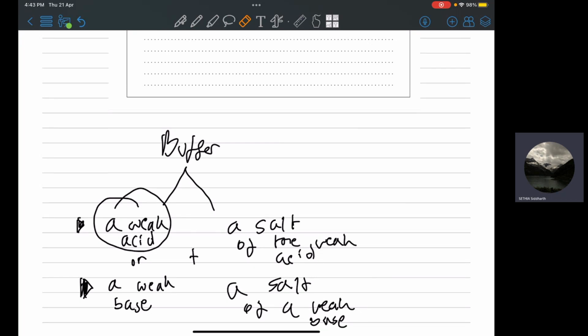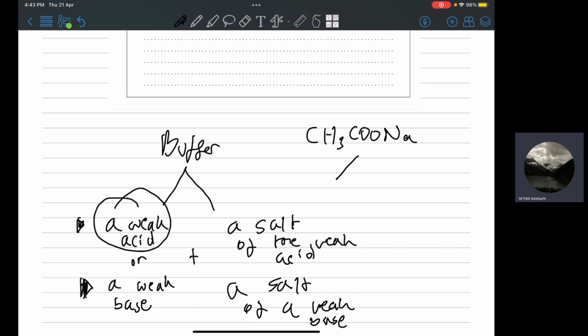So if you remember, when a weak acid reacts with a base, it creates a salt, right? And the salt looks something like this. Again, I'm going to use the example of CH3COOH reacting with sodium hydroxide. The salt we got out of that reaction, if you remember, was CH3COONa.